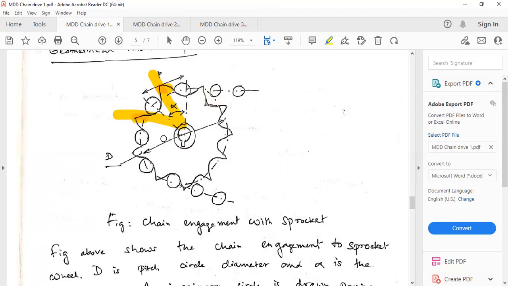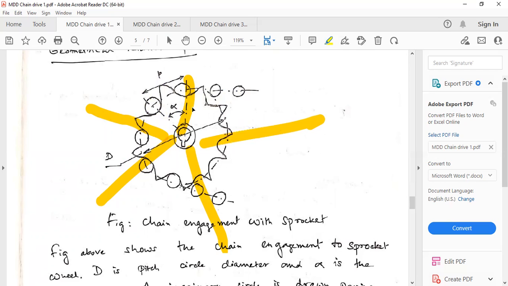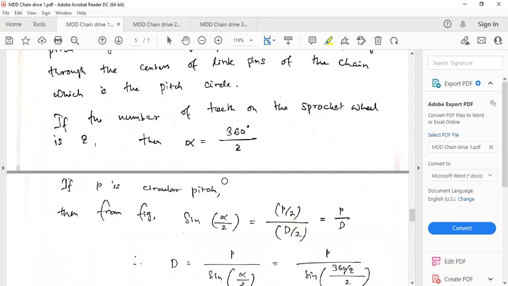If three teeth are there, the angle is 360 divided by 3. Suppose 5 are there, so this is the 360-degree angle, and we divide it equally into 5 equal parts. So this will be alpha. It's like that: 360 degrees divided by the number of teeth gives you the angle.